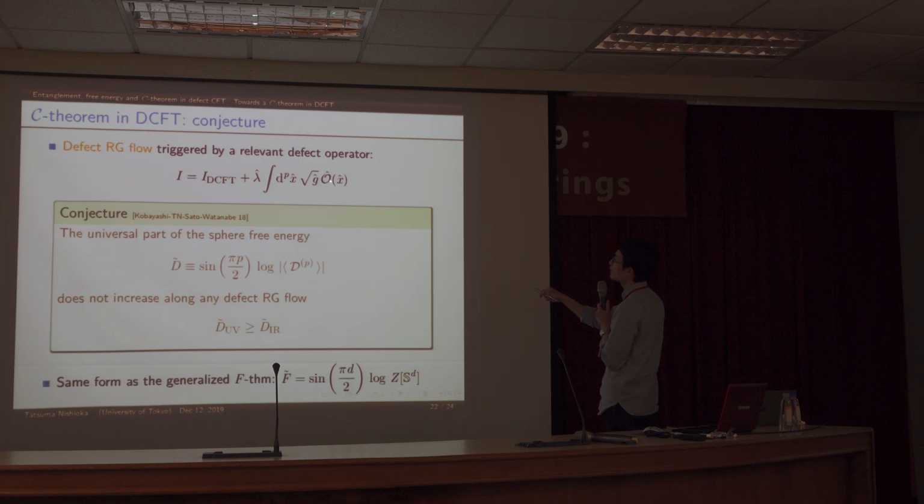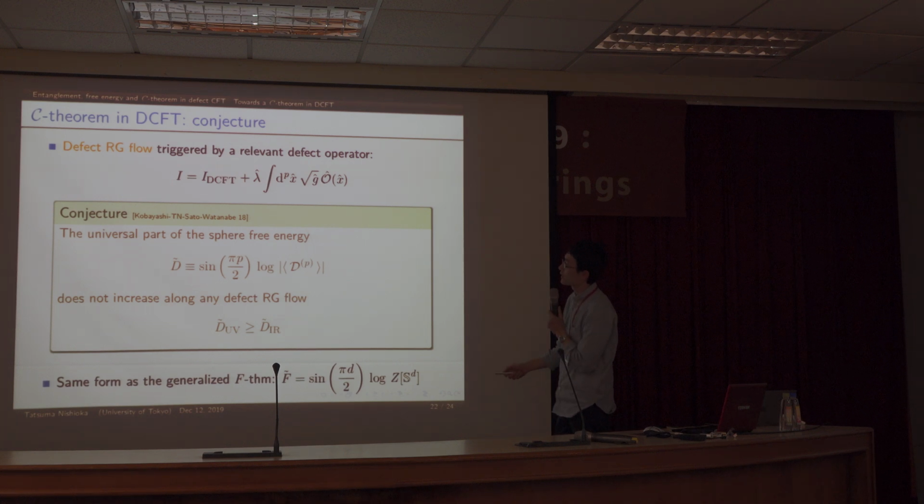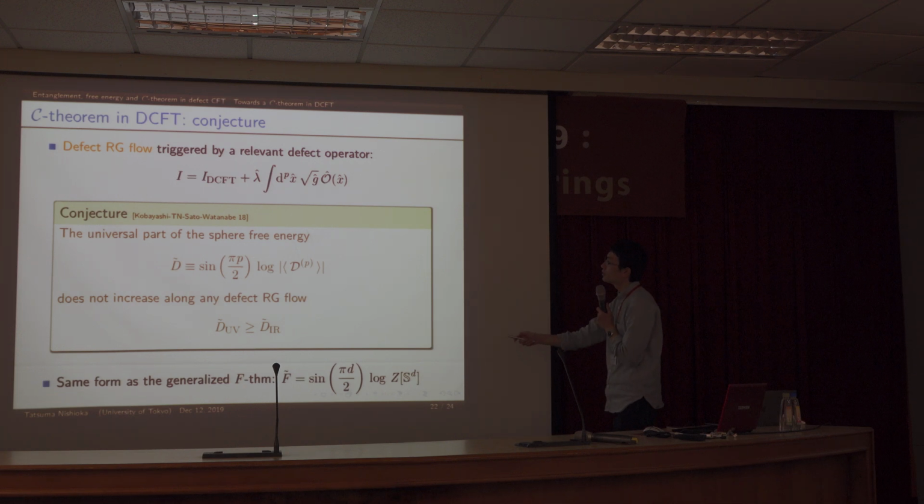So you have a defect local operator O-hat, and you trigger an RG flow in this way. Under such an RG flow, we conjecture that d tilde defined by this is a C function. So d tilde is now given by the sine function times log of the VEV of the defect.